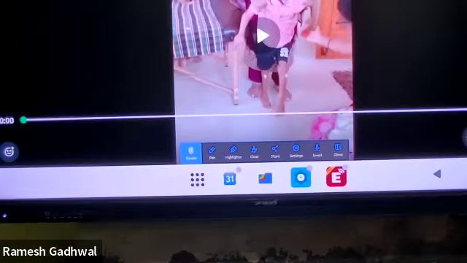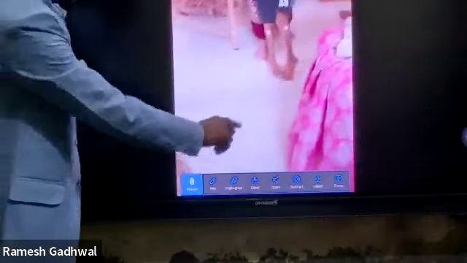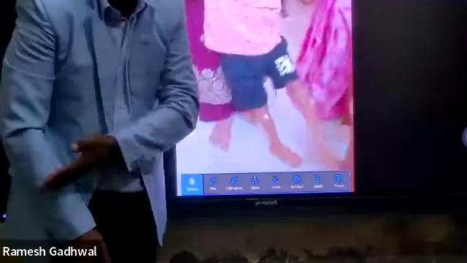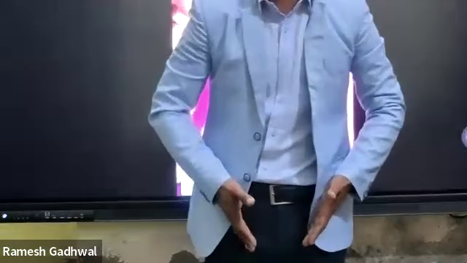Hip adductors like adductor magnus and longus are all tight. Because of this, he crosses the leg while walking. You see, both legs are coming into hyper adduction because of more tightness in the hip adductors in this region.